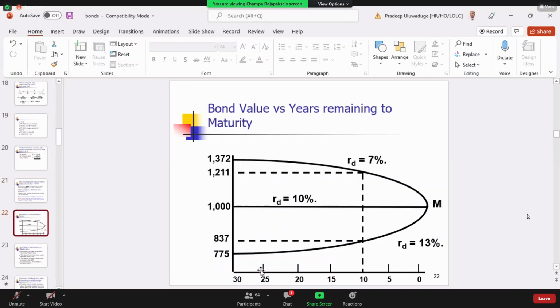And when time passes, at maturity they will get 1,000 rupees. So towards maturity, the price will gradually grow and reach the face value at maturity, right?